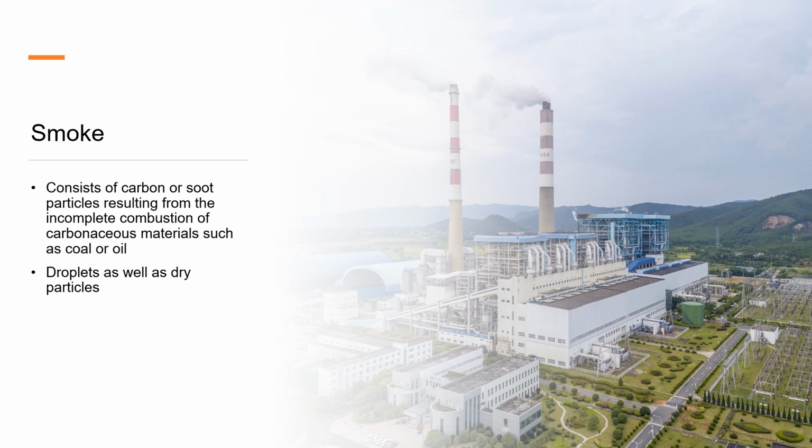Smoke consists of carbon or soot particles resulting from the incomplete combustion of carbonaceous materials such as coal or oil. Smoke actually generally contains droplets as well as dry particles. We often think of smoke as a very dry, dusty air, but it often contains droplets as well.